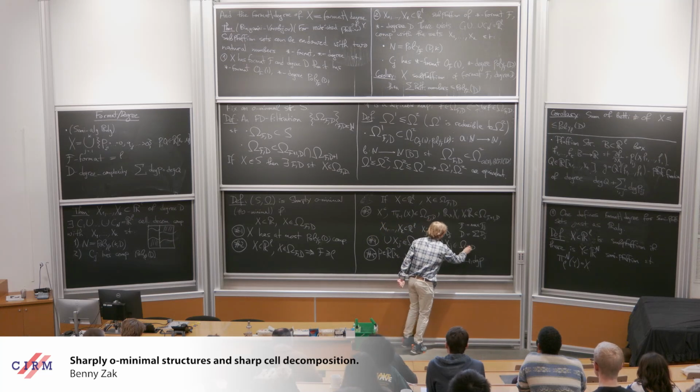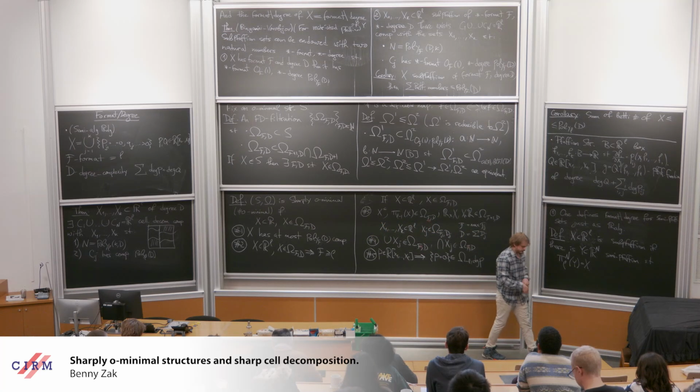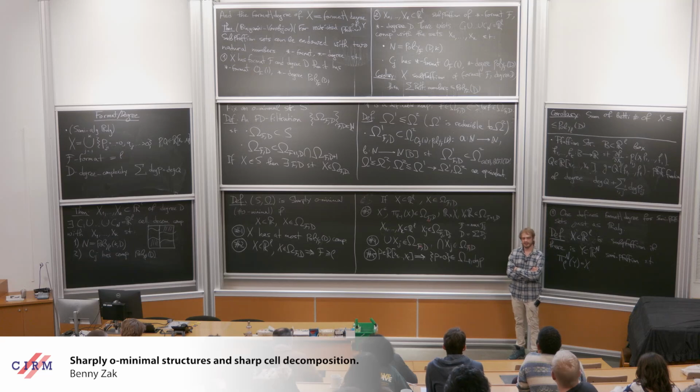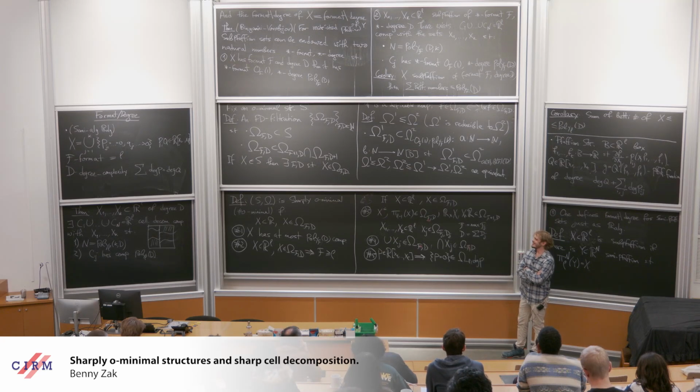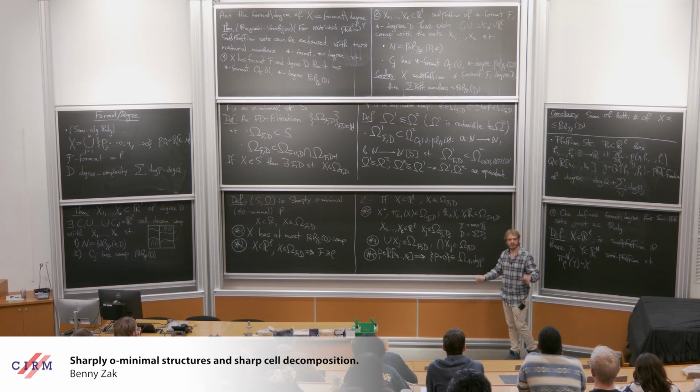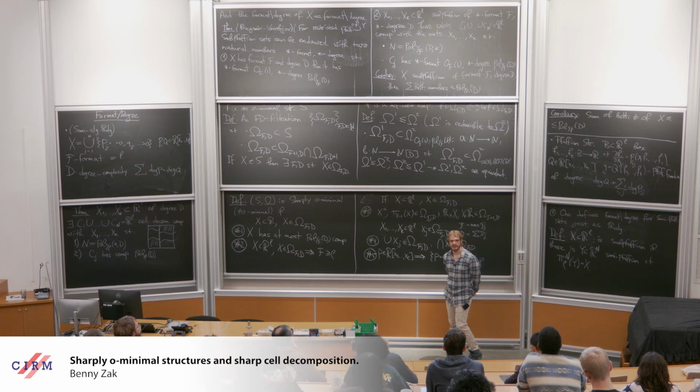Something like this. And then there was this kind of saying that the degree is something like the algebraic degree, and the format is something like the depth of the tree of construction, if you construct a set using the sharply minimal axioms. But now we know that this is not really true, and the format has a much smaller role, basically only to keep track of the number of variables.